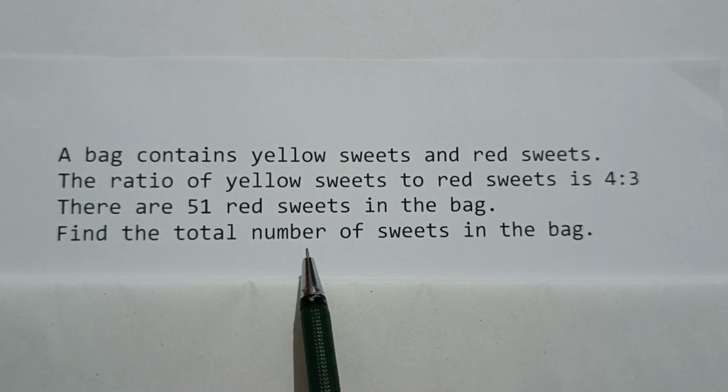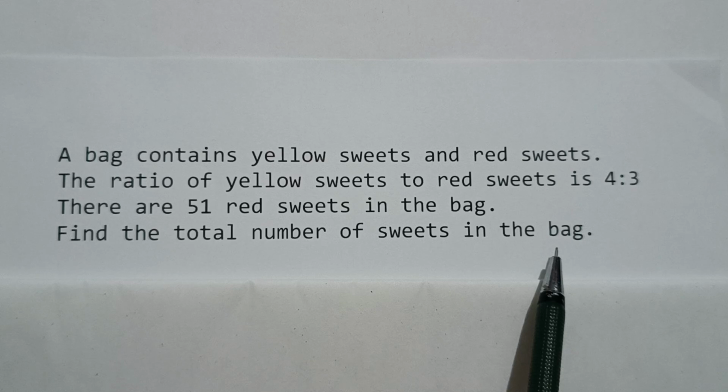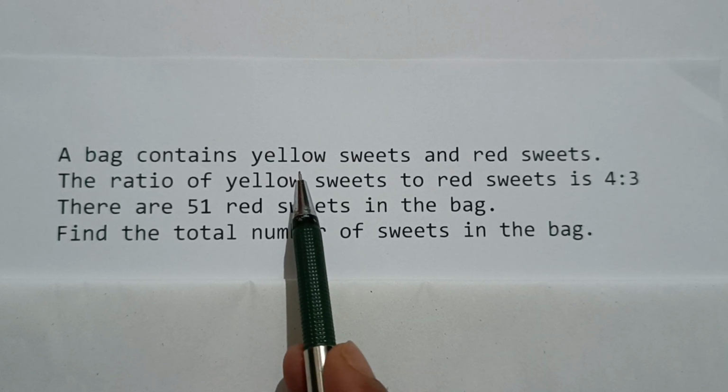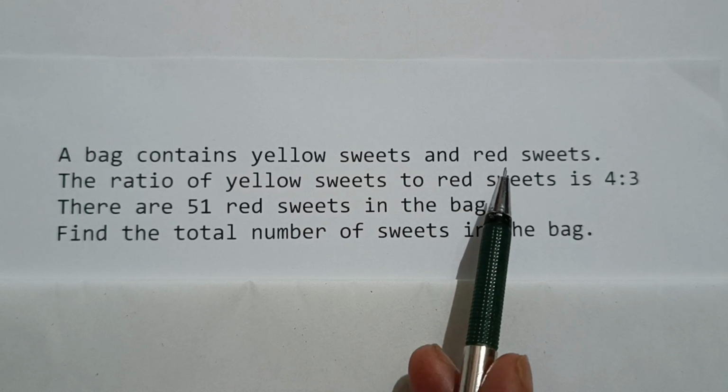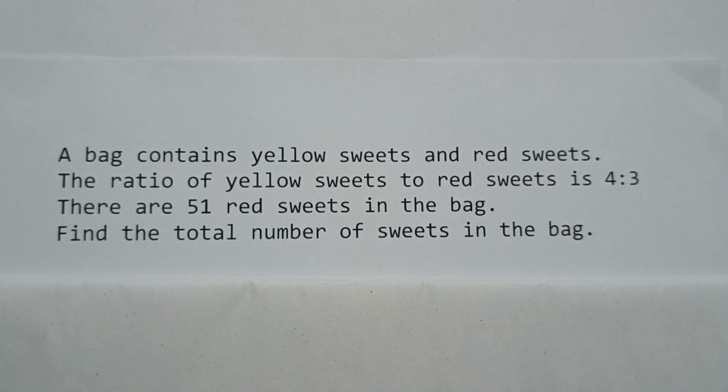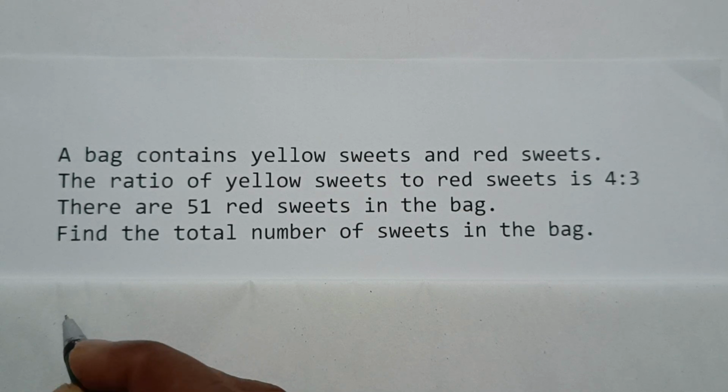Now, the total number of sweets in the bag will be equal to the number of yellow sweets in the bag plus the number of red sweets in the bag. So I will write it down.